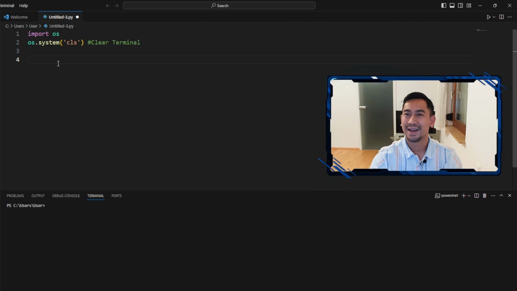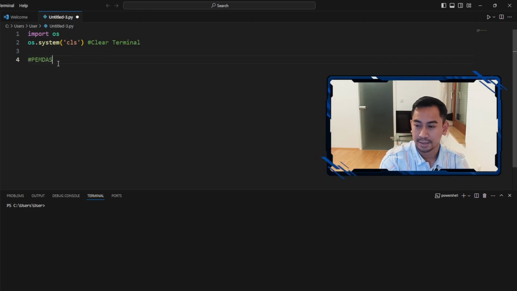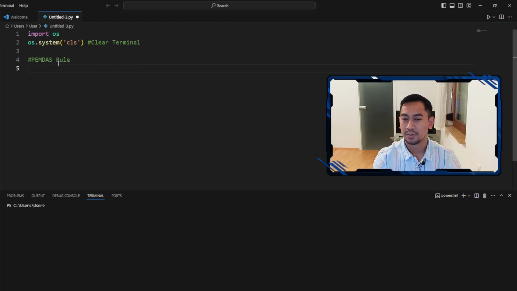I know one rule called PEMDAS, so we call it the PEMDAS Rule. The PEMDAS Rule is basically the precedence of operators, listed from higher to lower.